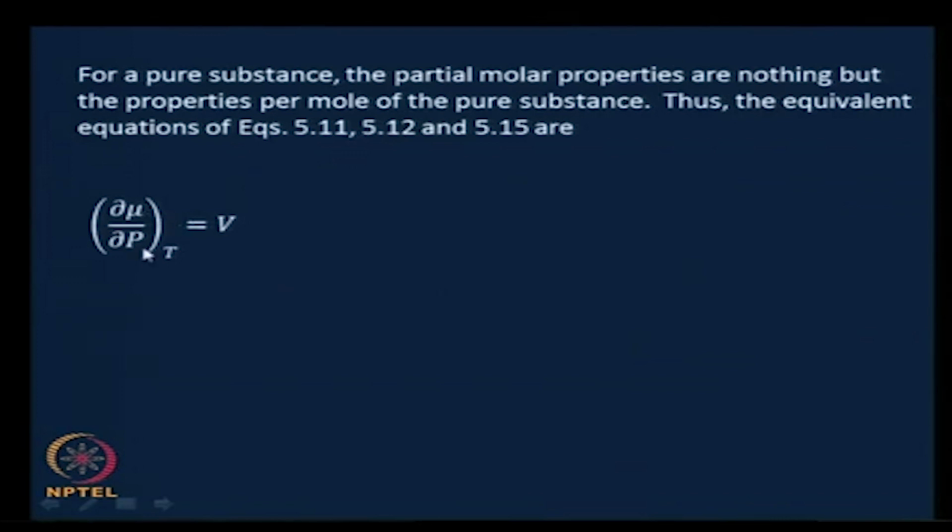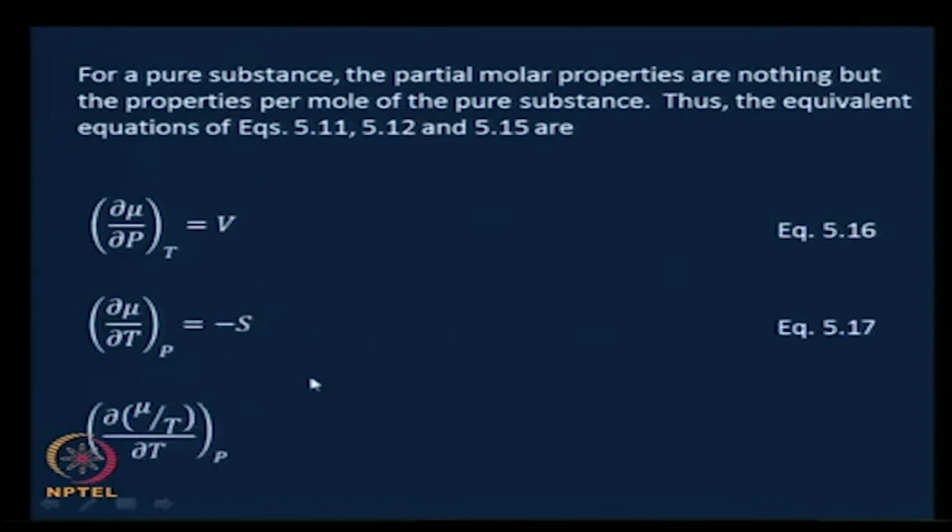Dou mu by dou p at constant T equals v, which is the molar volume, dou mu by dou T at constant p equals minus s, and dou (mu by T) by dou T at constant p turns out to be minus h by T square. This is where we left off last time.